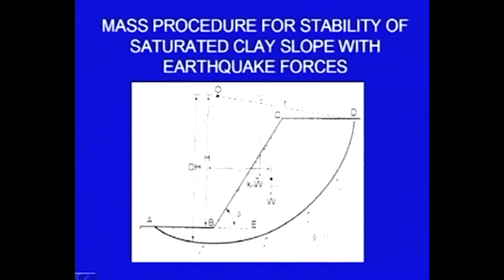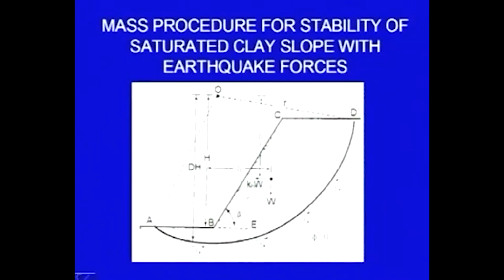The additional component in this case is the force due to earthquake, and that force is taken as the weight of this wedge multiplied by a coefficient kh. Kh is the ratio of the acceleration due to earthquake divided by the acceleration due to gravity.